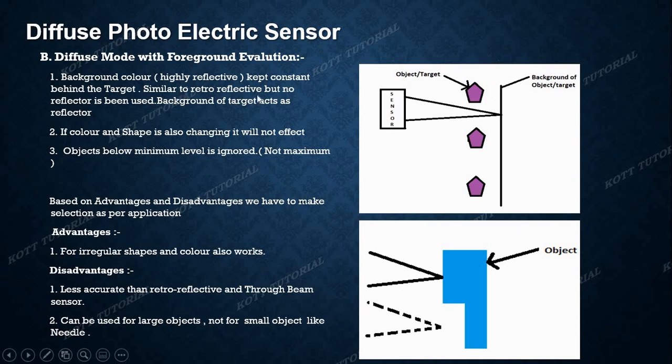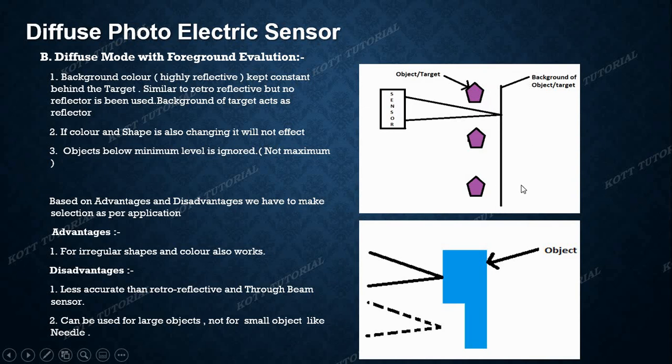It is similar to retroreflective. See, the retroreflective sensor has a reflector. Reflector means a mirror-like object from which the light gets reflected, and if any product comes in between the sensor and the reflector, it will detect. But in this case we do not have a reflector.